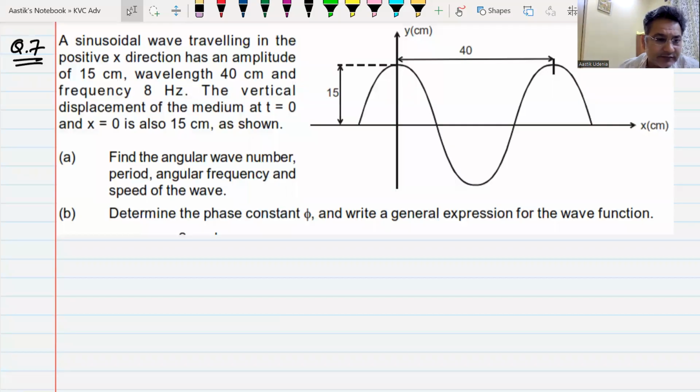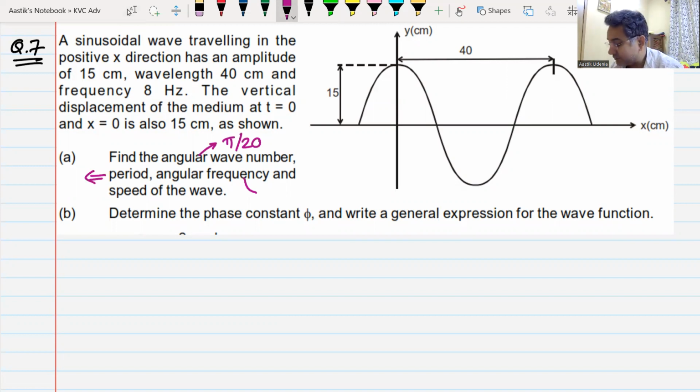Pi by 20. Yes, give me the answers. Angular wave number is k. What is this? Pi by 20, sir. Pi by 20. Okay, accepted. Answer matching. Period is 2 pi, sir. Okay, time period.